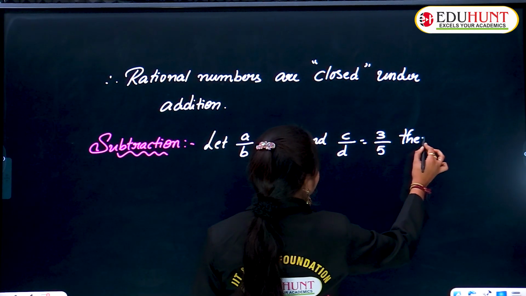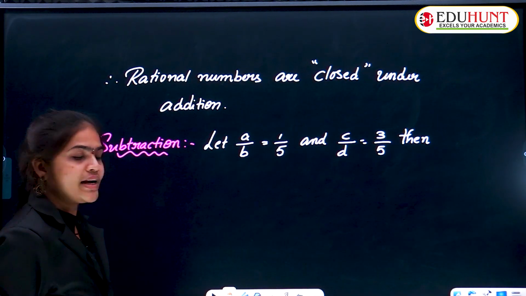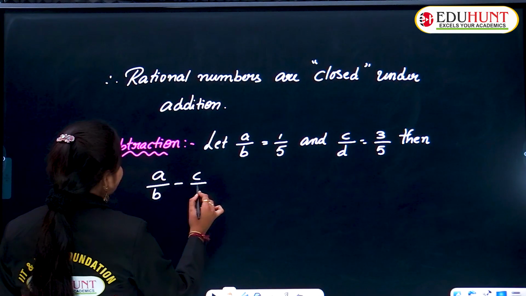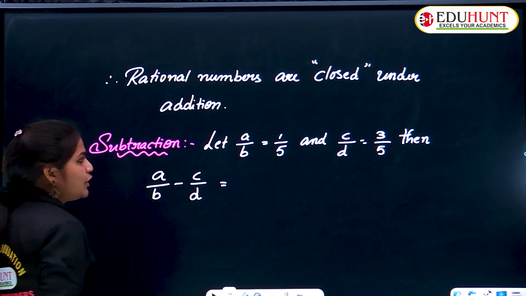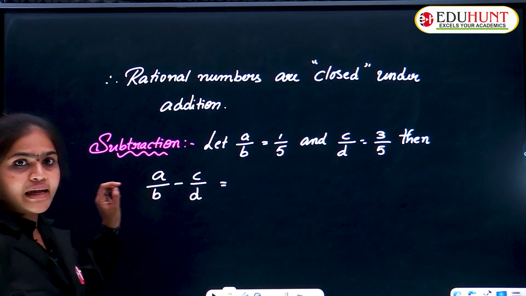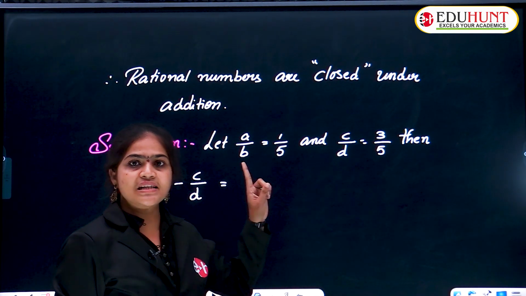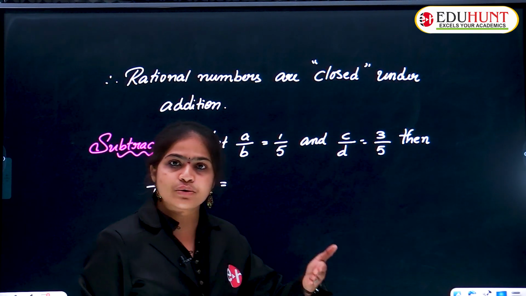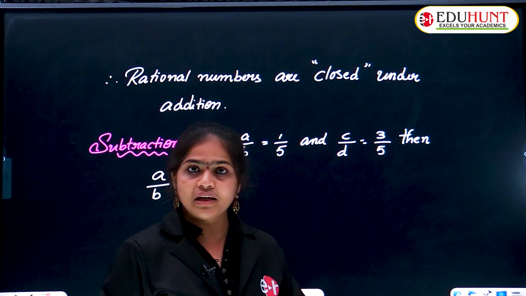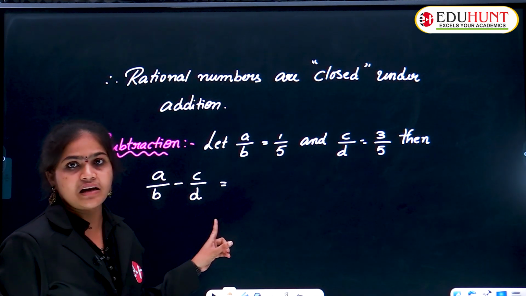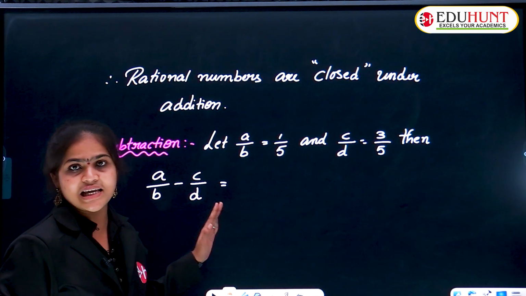Then for subtraction, the expression is A by B minus C by D. We need to find this value. As per the definition, if A by B is a rational number and C by D is a rational number, then A by B minus C by D is also a rational number. Then only are rational numbers closed under subtraction. Otherwise not closed under subtraction.